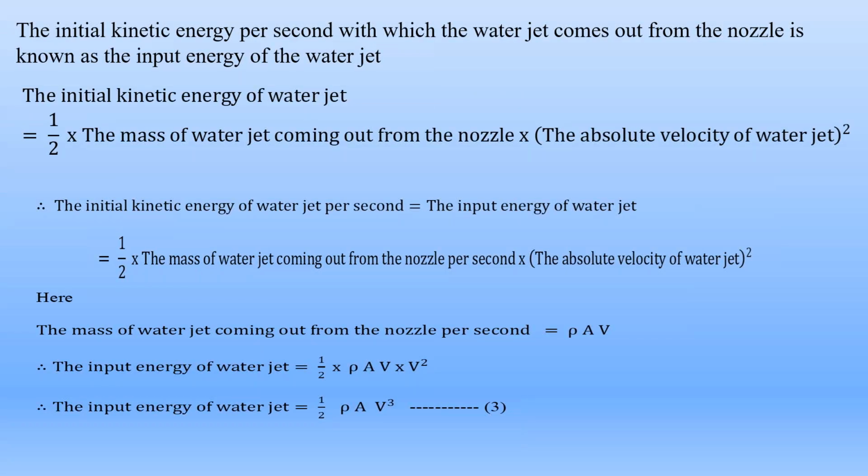Last class, we discussed the equation for that input energy of water jet, rho a into v cube. Last class, I explained this equation for the input energy of water jet.